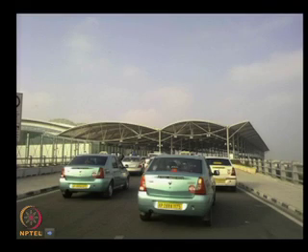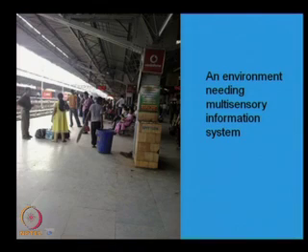Now, another area that is the airport approach. This has both the open system and open area environment as well as confined. So, this is a mixture kind of thing. An environment needing a multi-sensory information system, like for example, a railway platform, railway station.